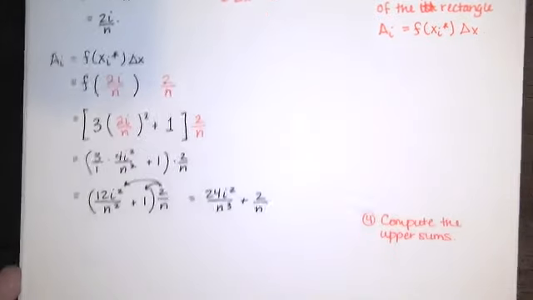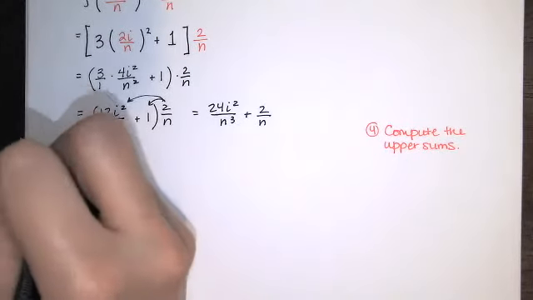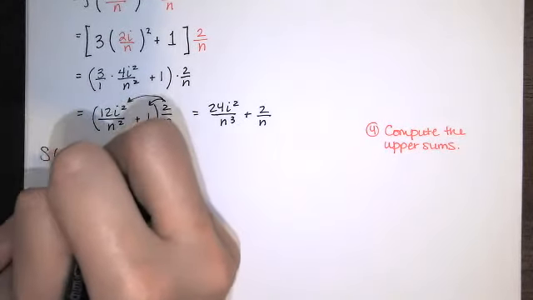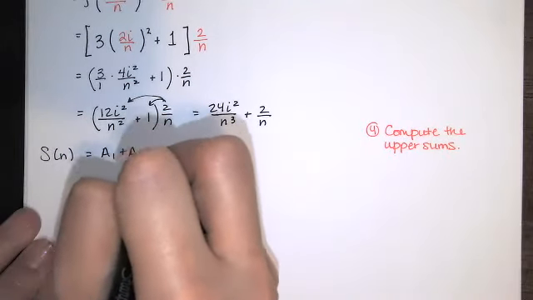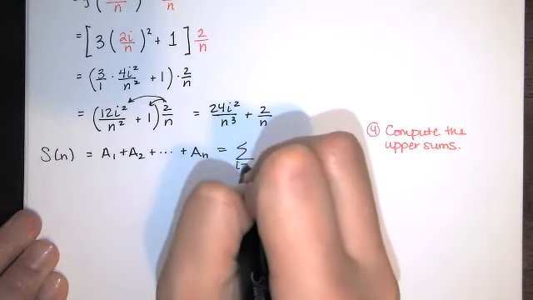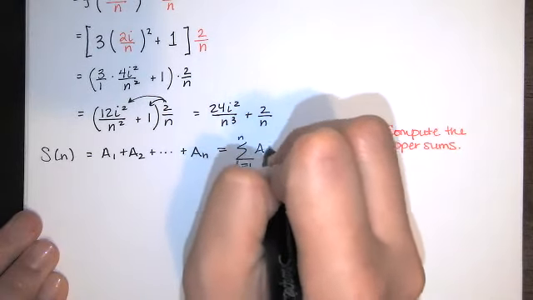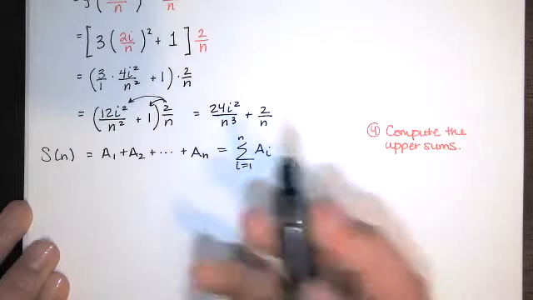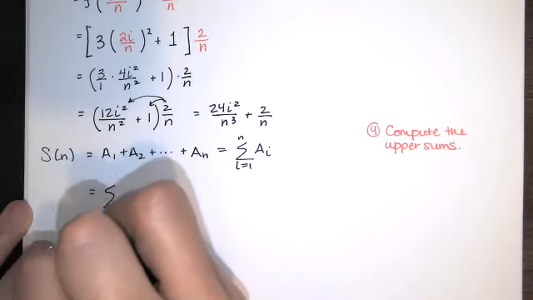The upper sums are given by the sum of those areas. It's the sum as i goes from 1 to n of the a sub i. But these are the a sub i, so we just substitute those in.